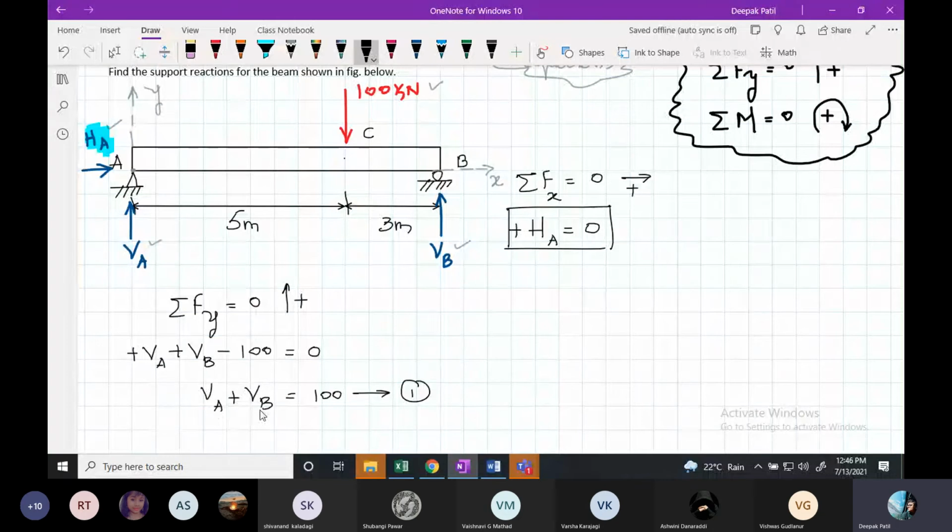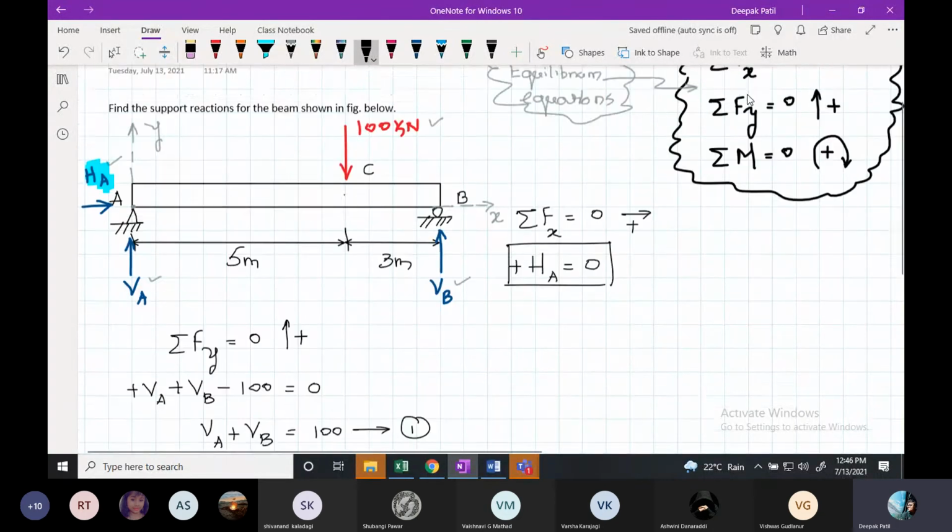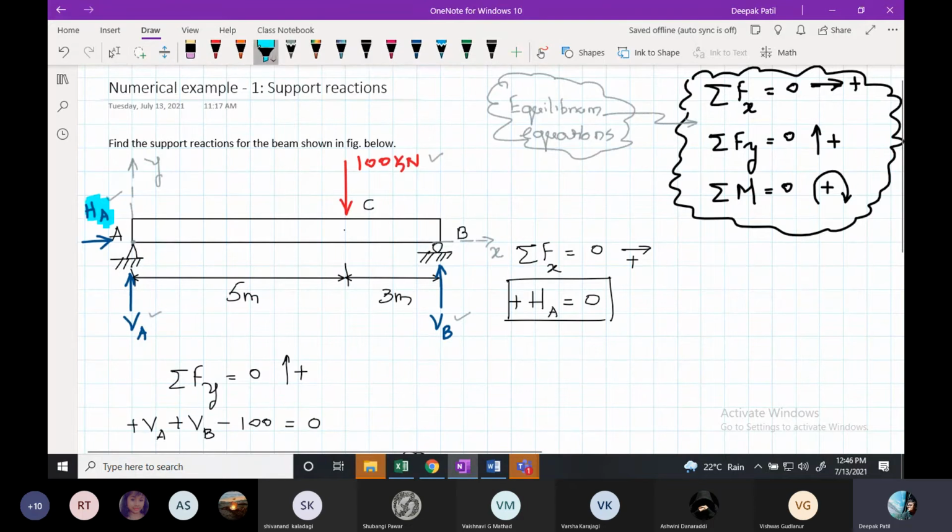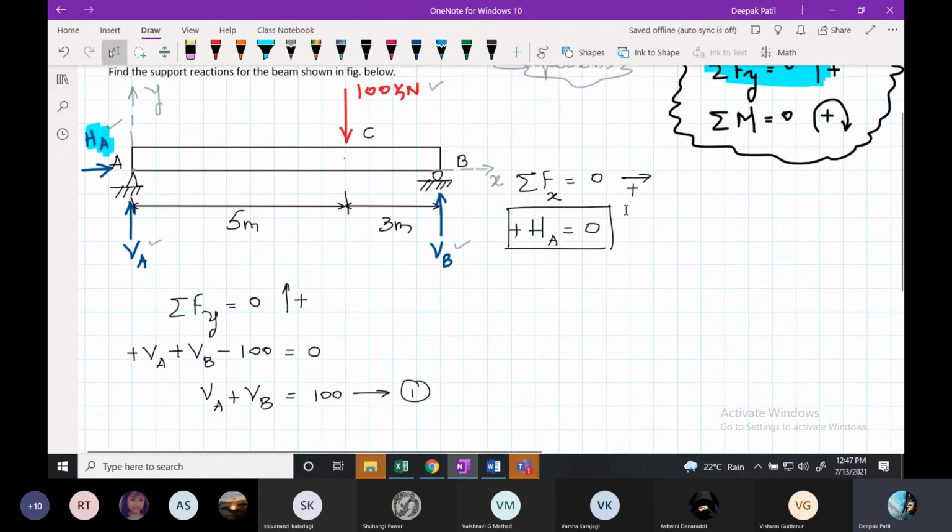You can see there are two unknowns, so you can't solve yet. You have already applied summation of Fx equal to 0 and summation of Fy equal to 0. Now the only one left out is summation of M equal to 0. The point is, at which point do you have to apply summation of M equal to 0?